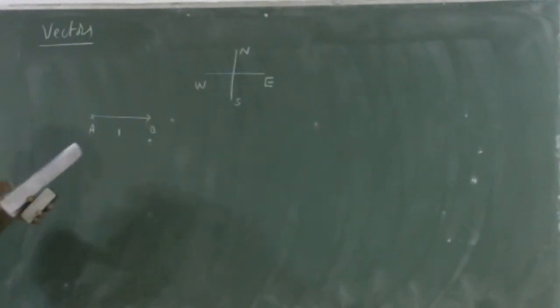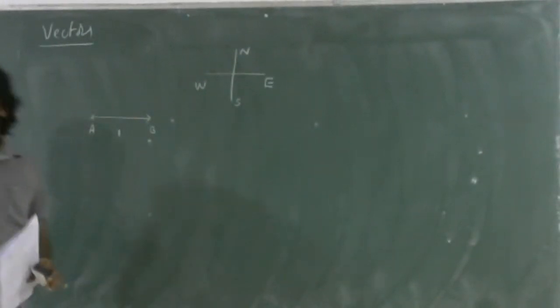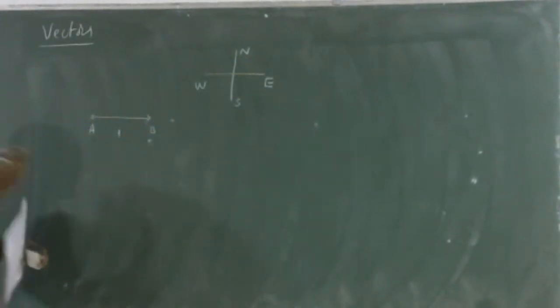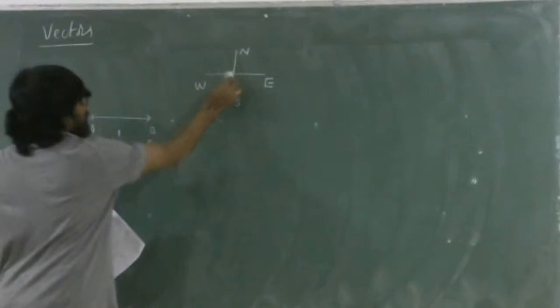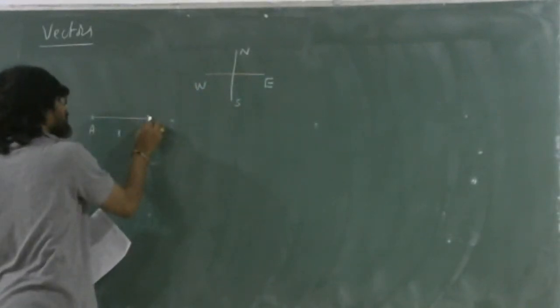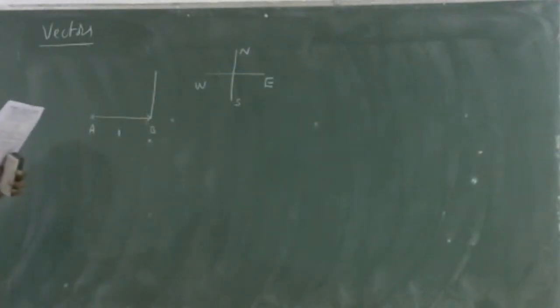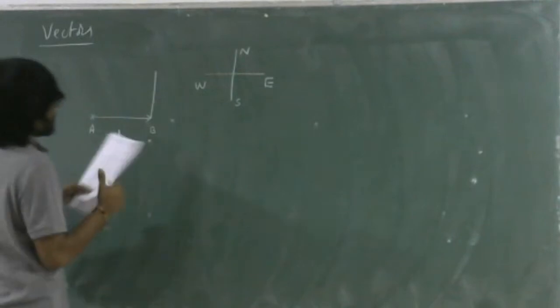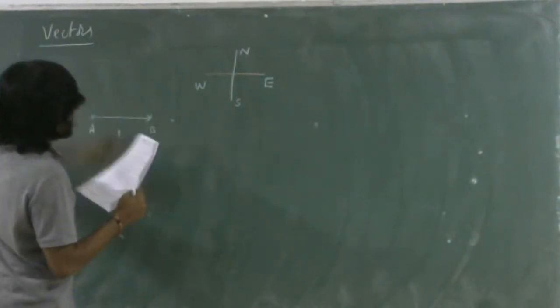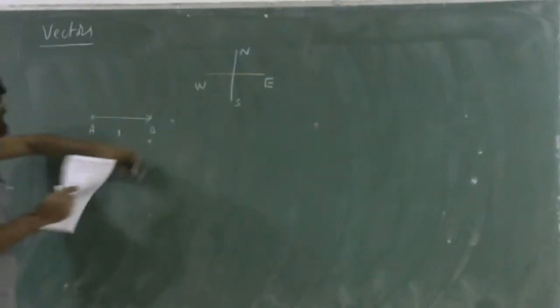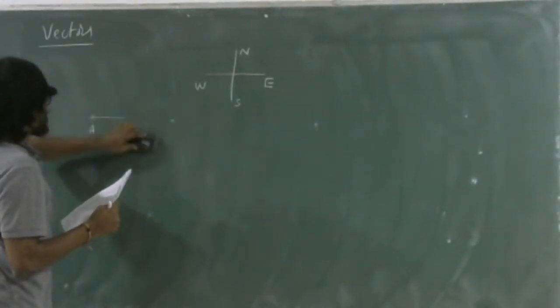Then 5 miles due south. Due east means towards east. Due north means towards north. South means down, not up, down. For understanding purpose and pictorially also, try to represent the length of these lines carefully.